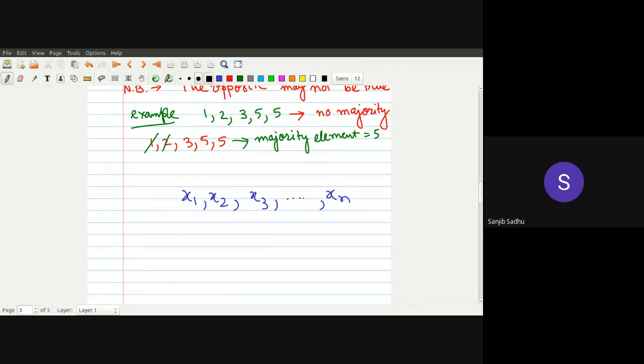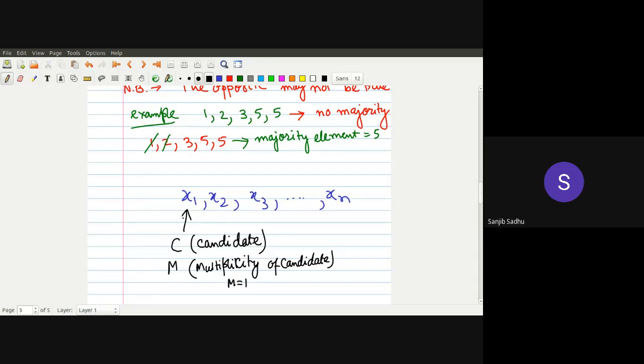At first we take this x1 as C, candidate. C for candidate means it may be the winner. And M means multiplicity, how many times it occurs, the multiplicity of the candidate. Initially, I am considering only the first one, so M equal to 1 and C is equal to this.